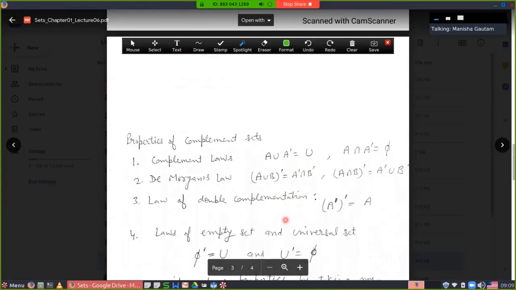properties of complement sets. As we have studied properties on union and properties on intersection, similarly we have two properties of complement sets. The name of the first property is complement law.